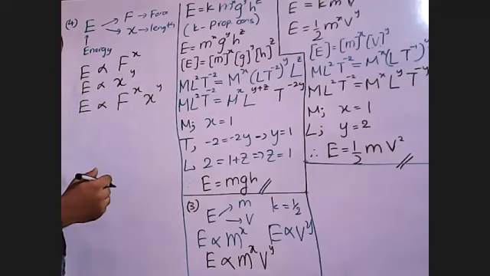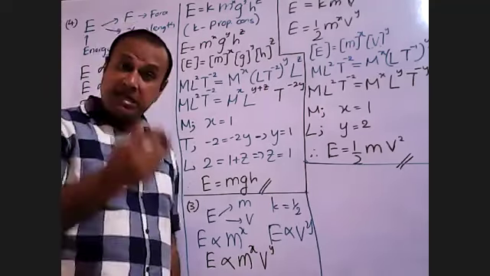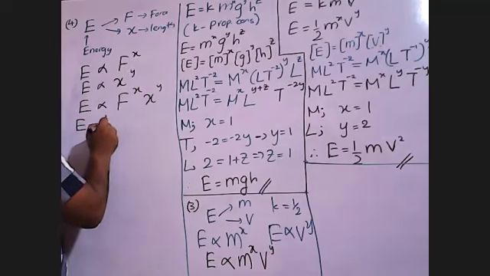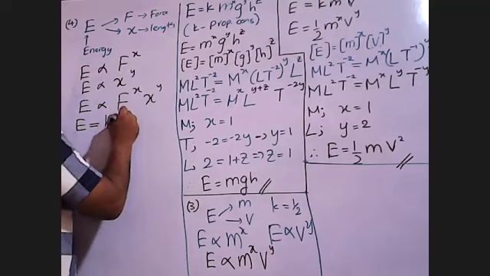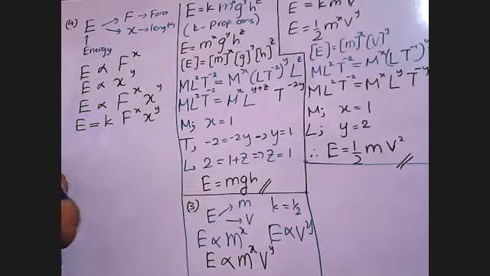Now this is a relationship. The next step is converting this relationship into an equation. So if I convert this relationship into an equation, E is equal to a constant K into F to the power x, X to the power y.